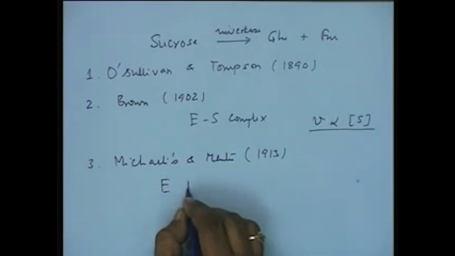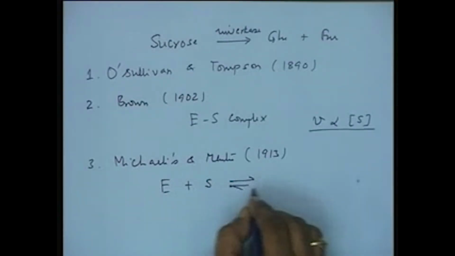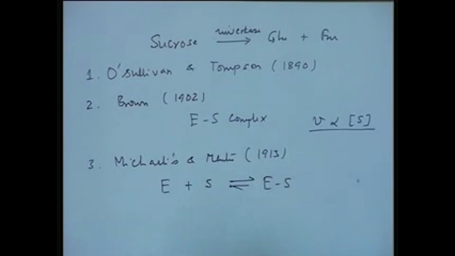And now what Michaelis-Menten's major contribution was, one is that he confirmed Brown's observation that enzyme substrate interaction leads to formation of an enzyme substrate complex, that is E plus S goes to ES complex, and he also proposed that this interaction is reversible in nature.